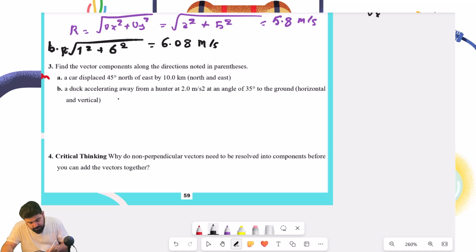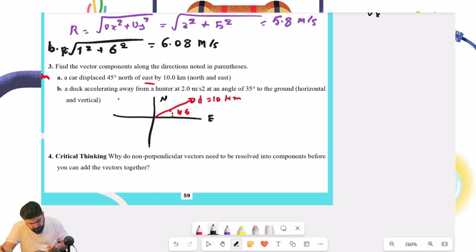Displaced 45 degrees north of east, the angle is going to be made with the east because the second direction that is mentioned is east. Then we have d, which is equal to 10 kilometers.